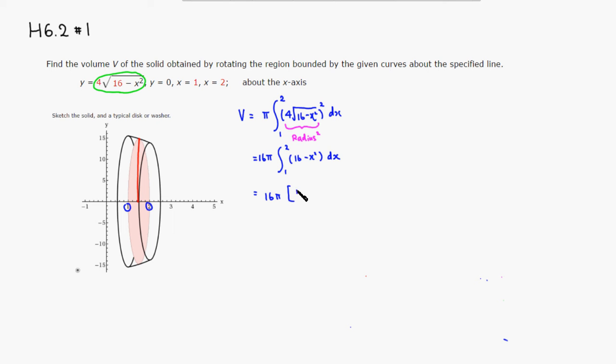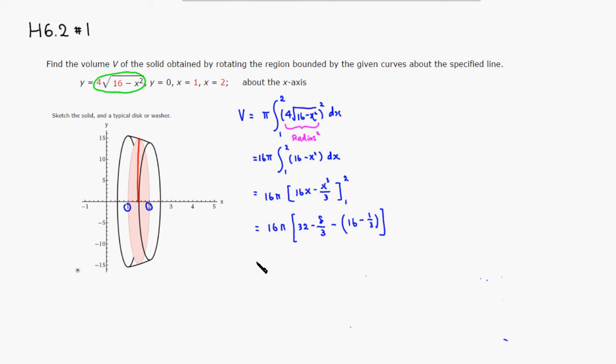The antiderivative of 16 is 16x, and the antiderivative of x squared would be x cubed over 3. Then you're going from 1 to 2. So this is 16 pi, then plug in 2: 16 times 2 is 32, minus 2 cubed is 8 over 3, minus, plug in 1: 16 minus 1 cubed over 3.